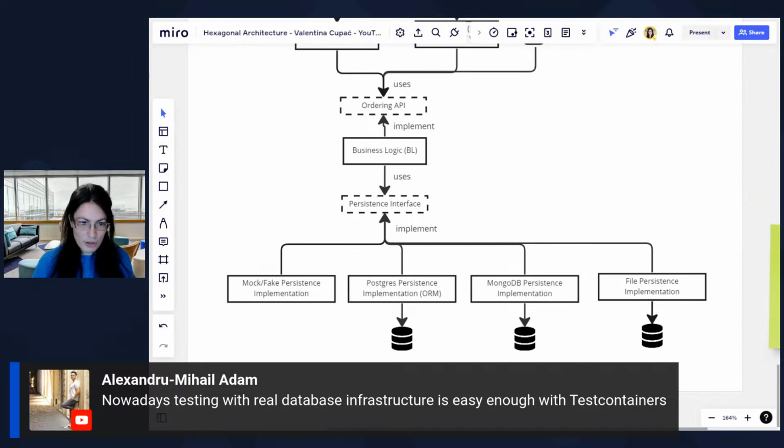Then came along test containers. One challenge that still remains even with test containers is the runtime: the difference between running the tests with test containers versus running purely in memory. And there's also another difference.